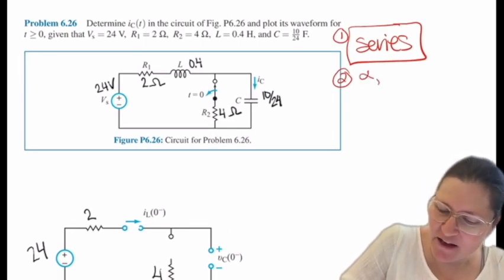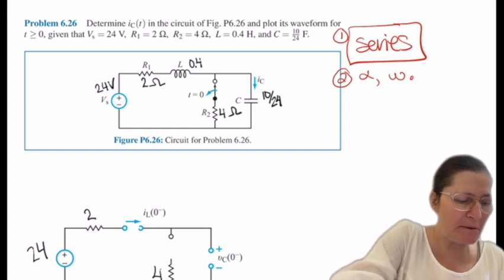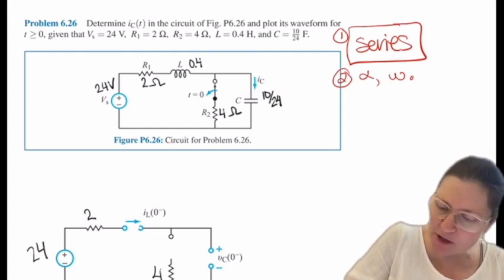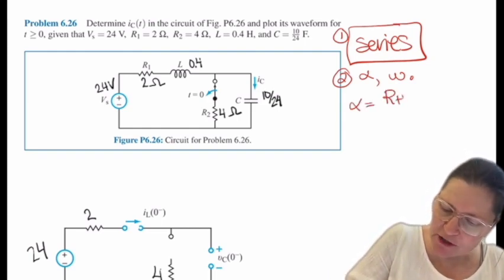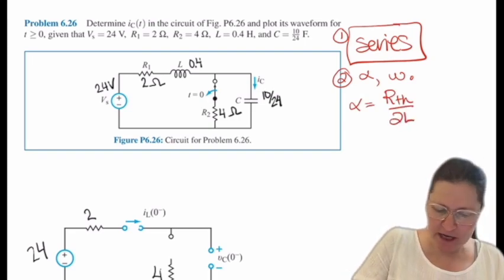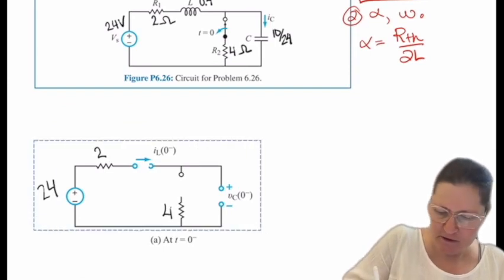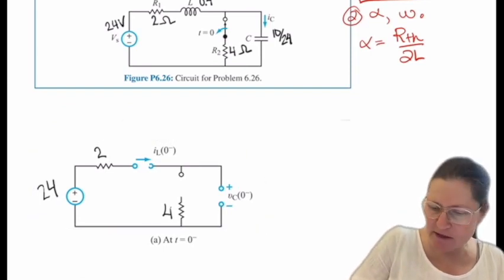If it's in series, alpha will be RTH over 2L. And so we have to look at RTH from the final spot.